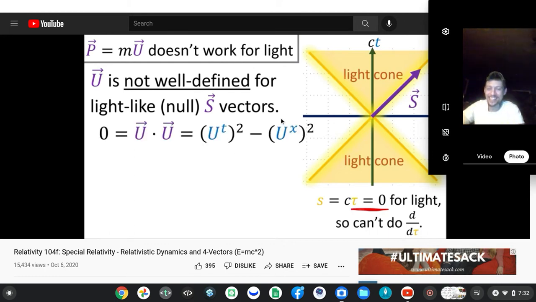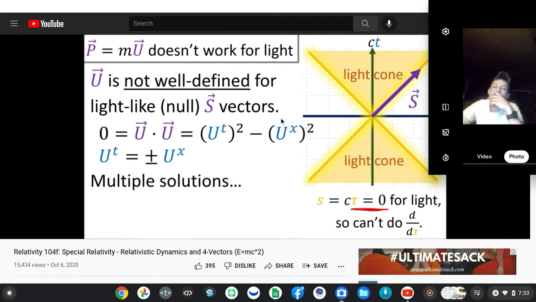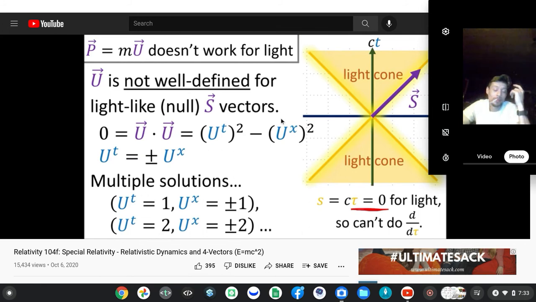And if we try to define the components of a 4 velocity vector big U for a light-like trajectory, we end up with ut equals plus or minus ux. So we get multiple solutions for what the 4 velocity components could be. So there really is not a good way to define what the 4 velocity is for light.